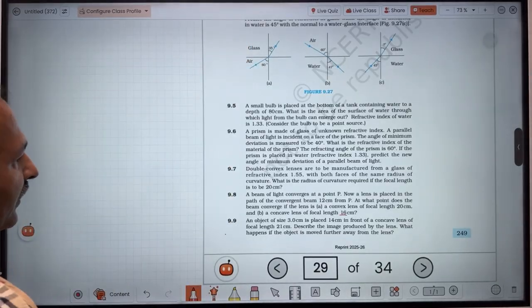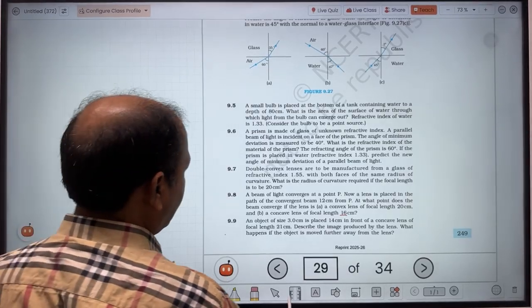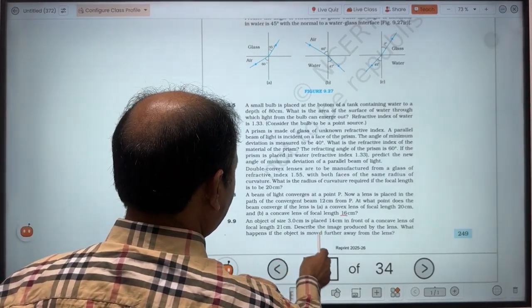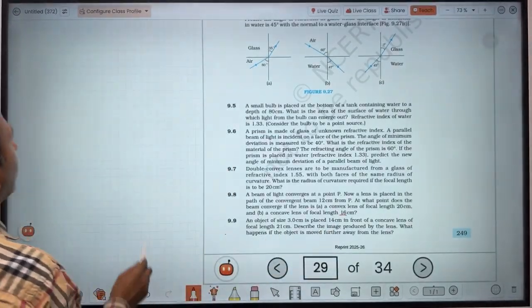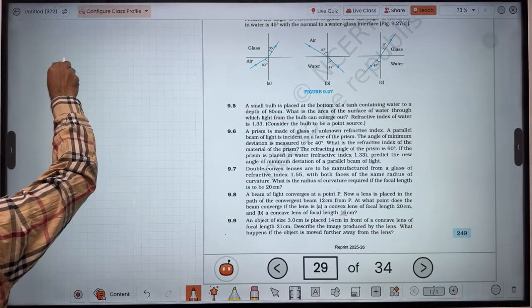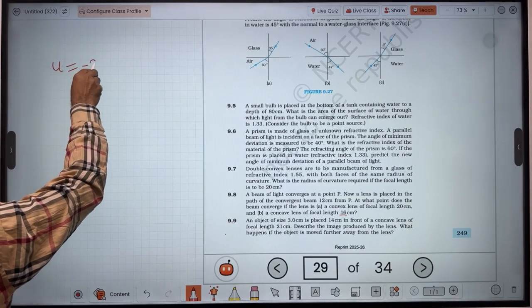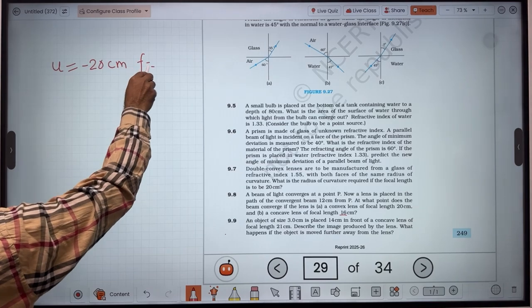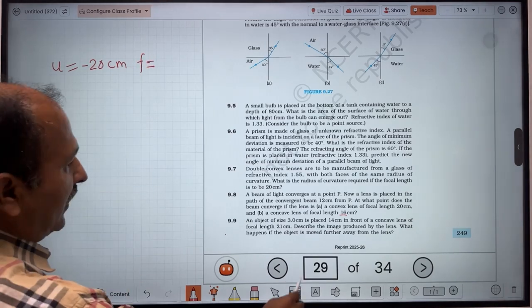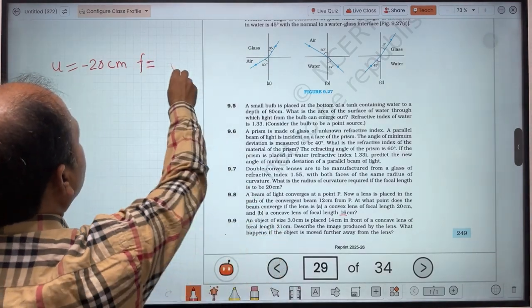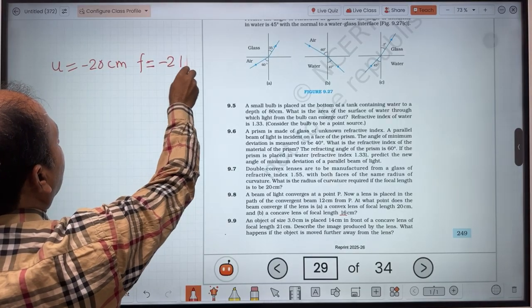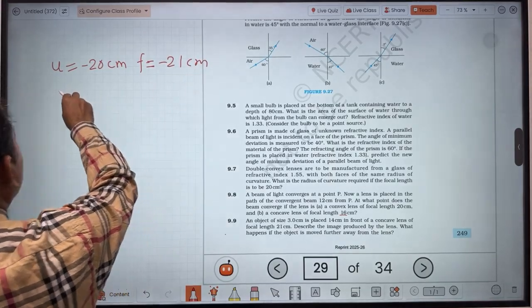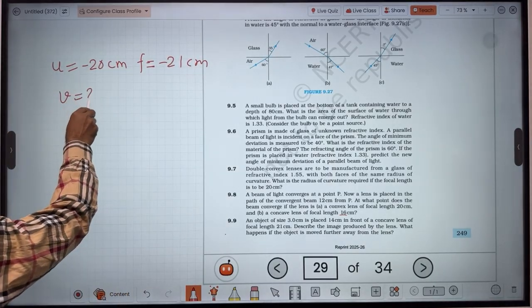So here, instead of the earlier question where we were taking u as 14, now let's change the value of u. Say, let's write it as minus 20 centimeter. f remaining the same. f is 21 centimeter with a negative sign, and we have to see what is happening to v.